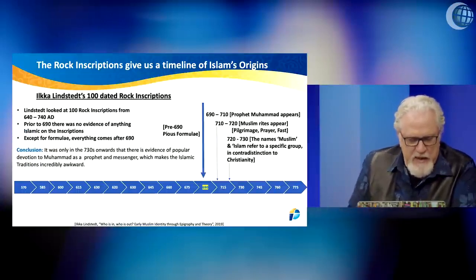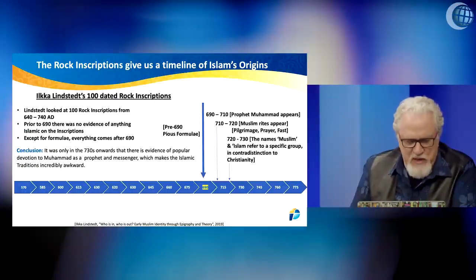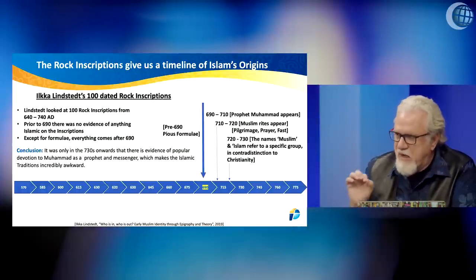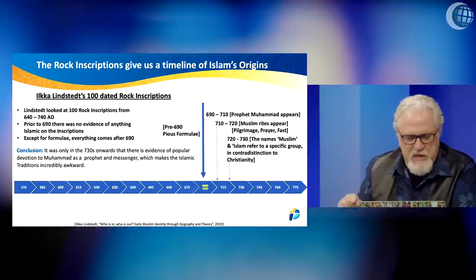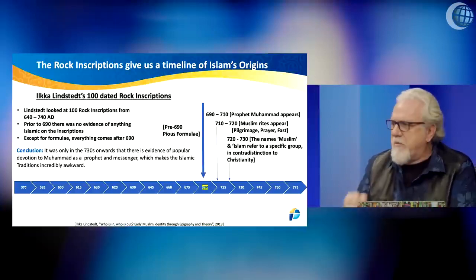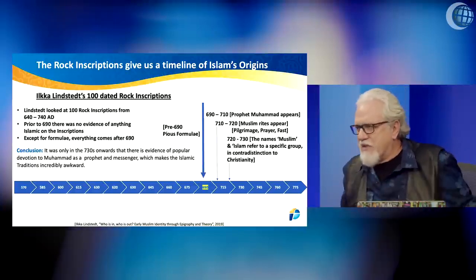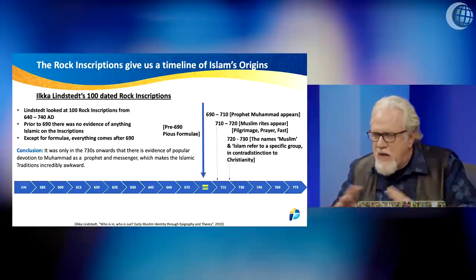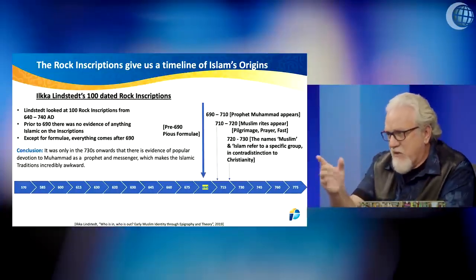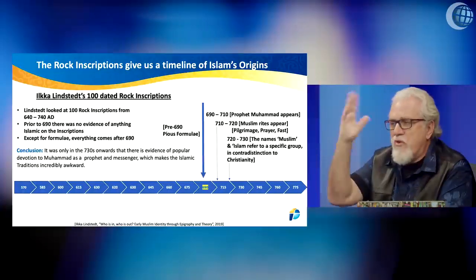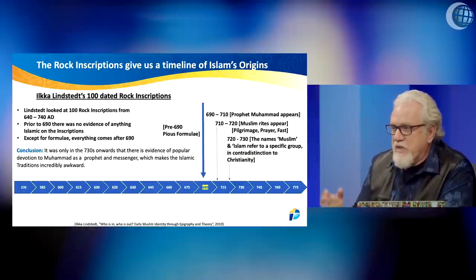Now, what does this mean? Well, it was only in the 730s, really, and onwards, that there is evidence of a popular devotion to Muhammad as a prophet and a messenger, which makes the Islamic traditions incredibly awkward. This stands right against the standard Islamic narrative, as you've been told, and as you grew up believing, that all of these were introduced by Muhammad himself.